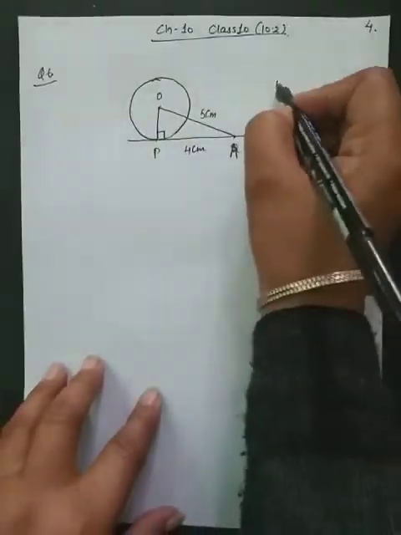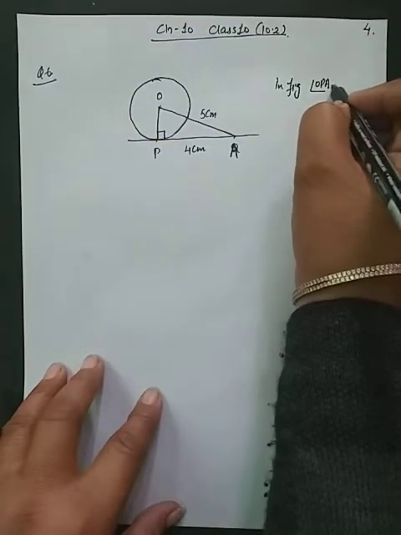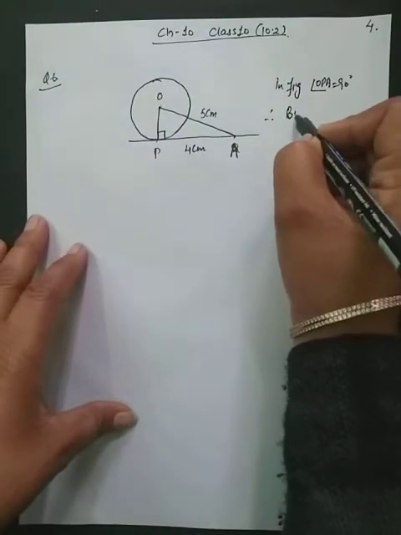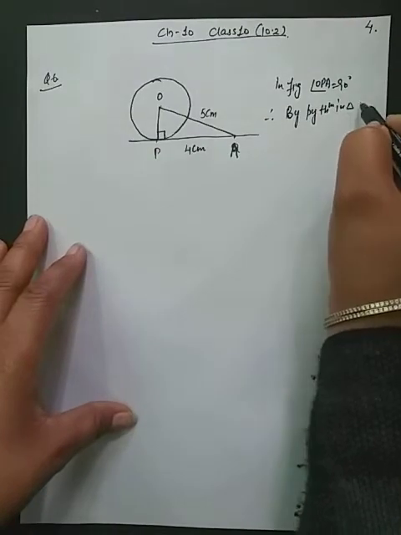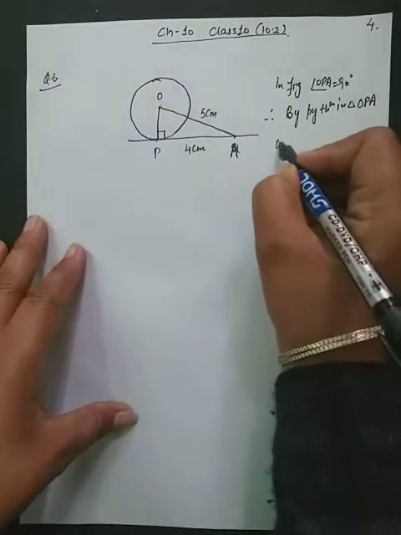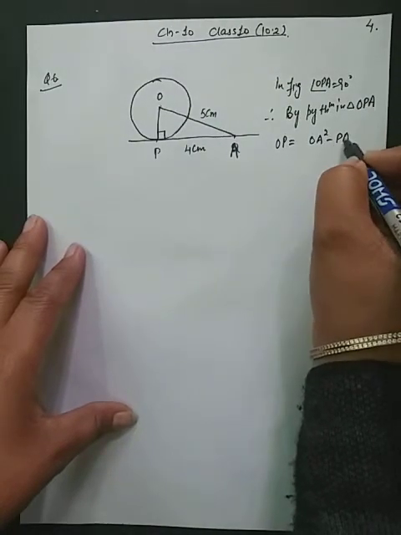In figure, angle OPA is equal to 90 degree. Therefore, by Pythagoras theorem, in triangle OPA, we can find the length of OP. OP is equal to the square root of OA square minus PA square.